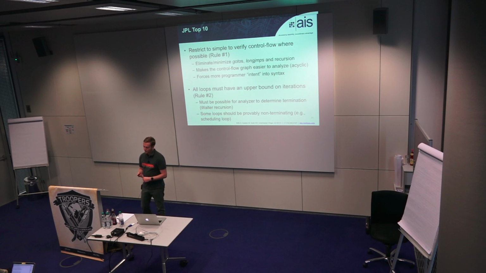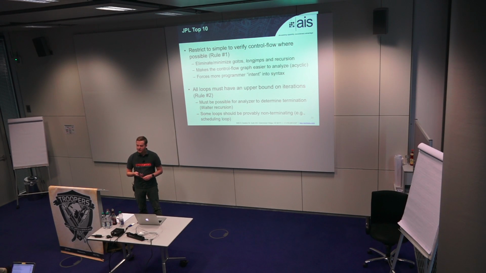So rule number 1 from the JPL: you want to make it as easy to verify control flow as possible. So gotos are basically bad. There's a lot of debate about that. I find that if I just say they're really bad to everyone, someone will find a counterexample, so we'll not get into that. But also longjumps and recursion.